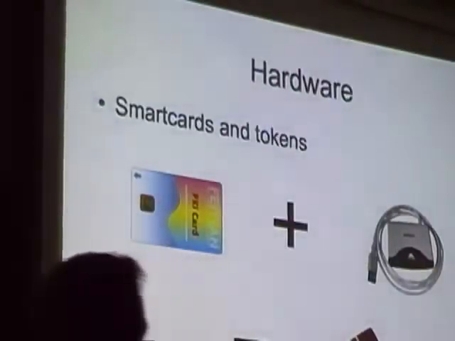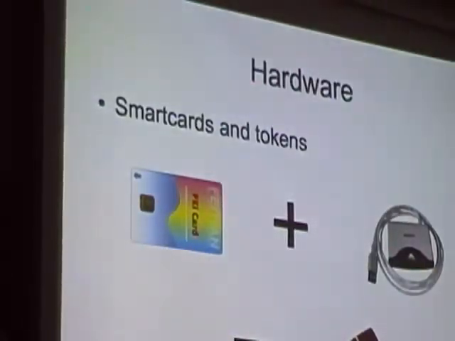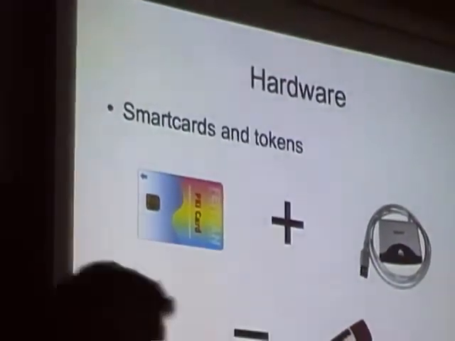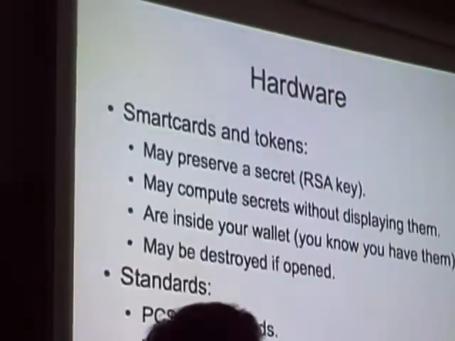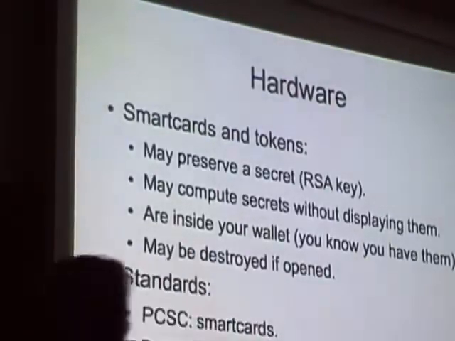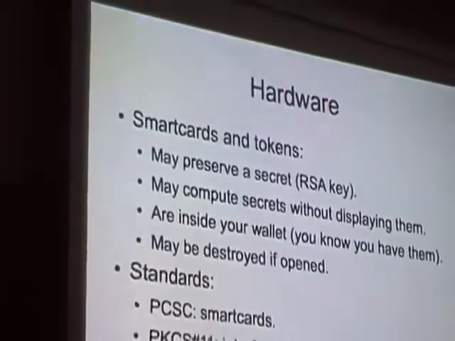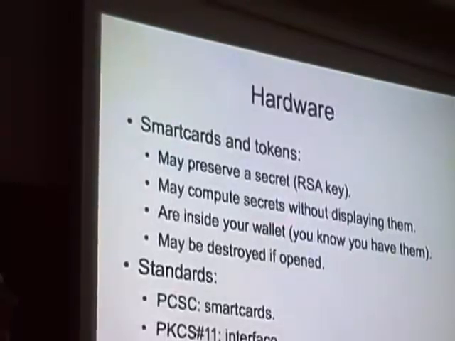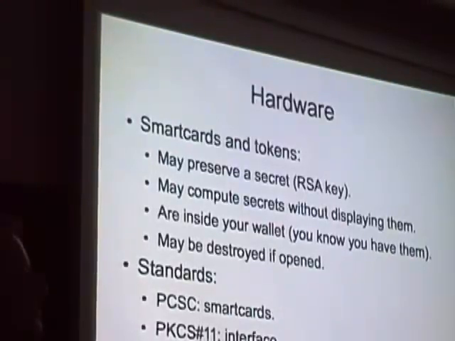Hardware and standards. Basically, a lot of companies say, okay, we offer USB tokens, but the USB token is basically a small reader, a PCSC reader, with a crypto chip. If you already use these crypto tools, then you know why you should always use hardware devices, because these devices are made to preserve a secret.